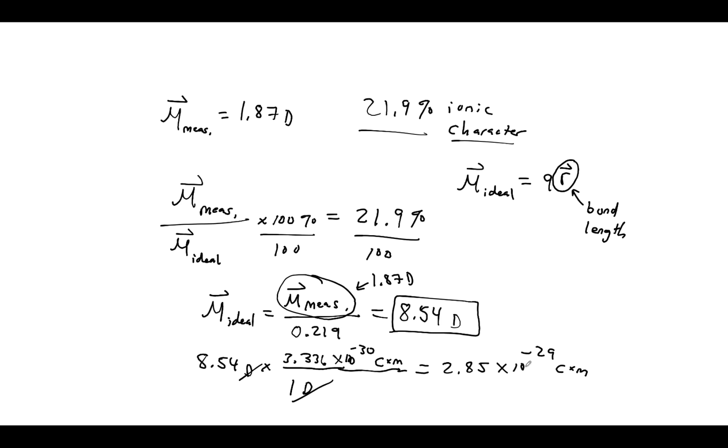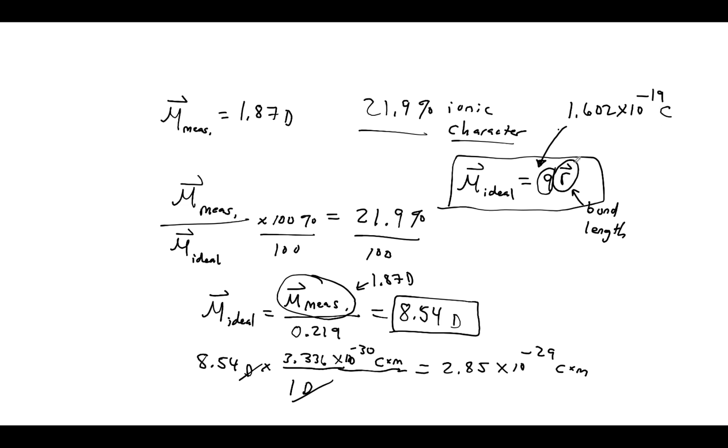Now, what we can do is we can then substitute this value into this expression over here. So we know that this Q is the charge of the single electron that we're estimating has been completely transferred to the chlorine from the carbon. And of course the charge on an electron is 1.602 times 10 to the negative 19 coulombs, right?